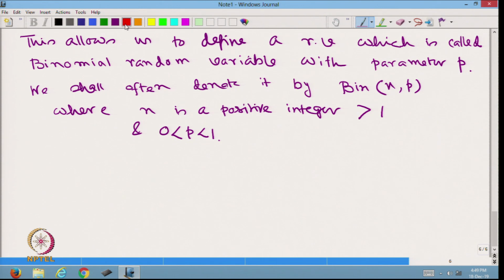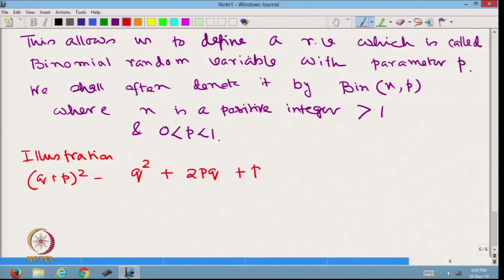Illustration: (q plus p) whole square is equal to q square plus 2pq plus p square.